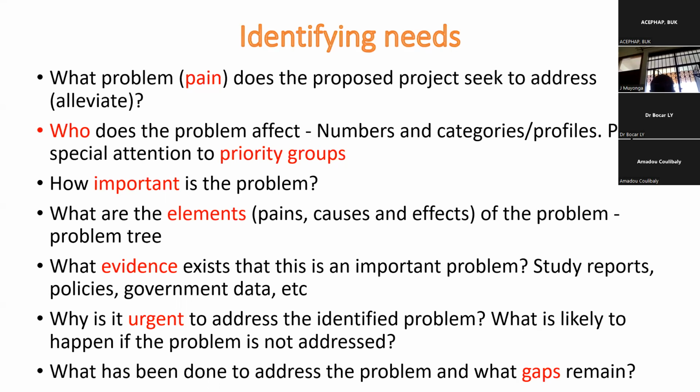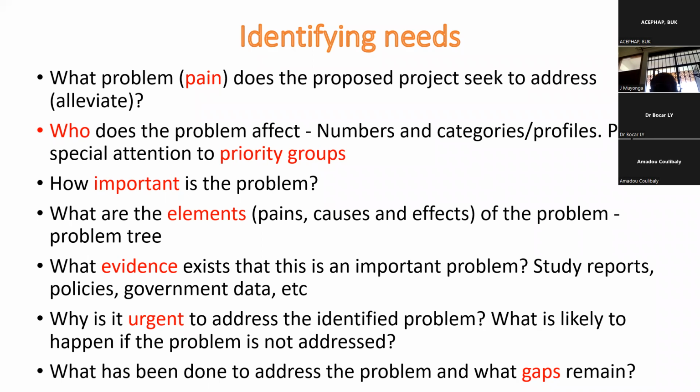Then when we're talking about a problem, it's not that simple. The problems are normally complex. They have causes. One problem leads to some effect, and I hope many of you are familiar with the problem tree. It's good to draw your problem tree in order to know the elements of the problem, so that your proposal is actually describing or attending to the different elements of the problem.